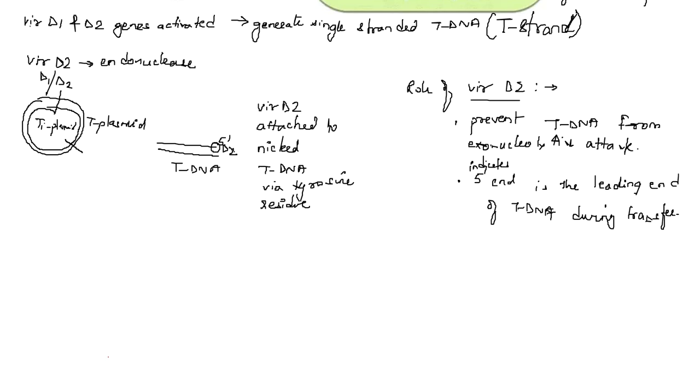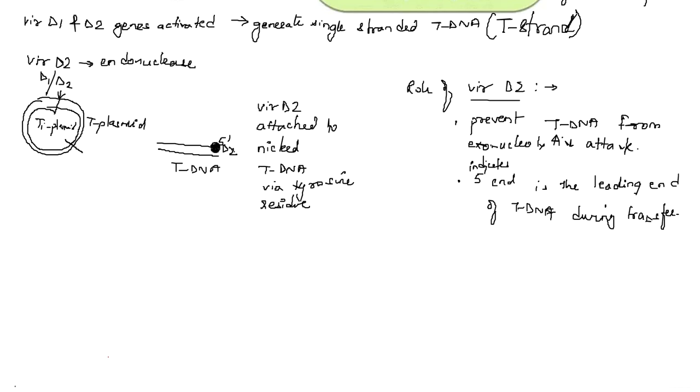It will cut the phosphodiester bond, and it remains covalently attached to the 5 prime end of the T-DNA strand via the tyrosine residue, known as a phosphotyrosine bond. And this D2 prevents the T-DNA strand from exonucleolytic attack, and also indicates that this 5 prime end is the leading end of the T-DNA during the transfer.